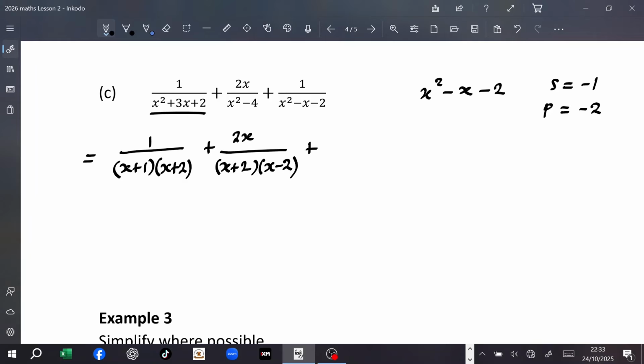So these are 1 and negative 2, because 1 times negative 2 is negative 2, then 1 plus negative 2 is negative 1.